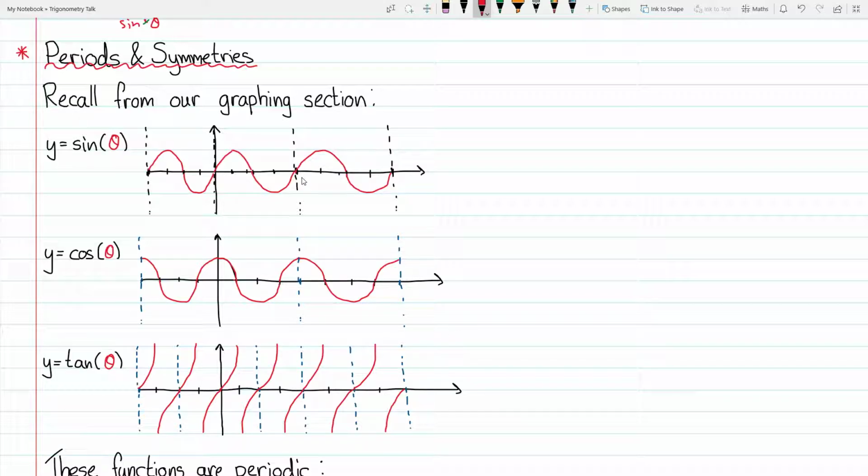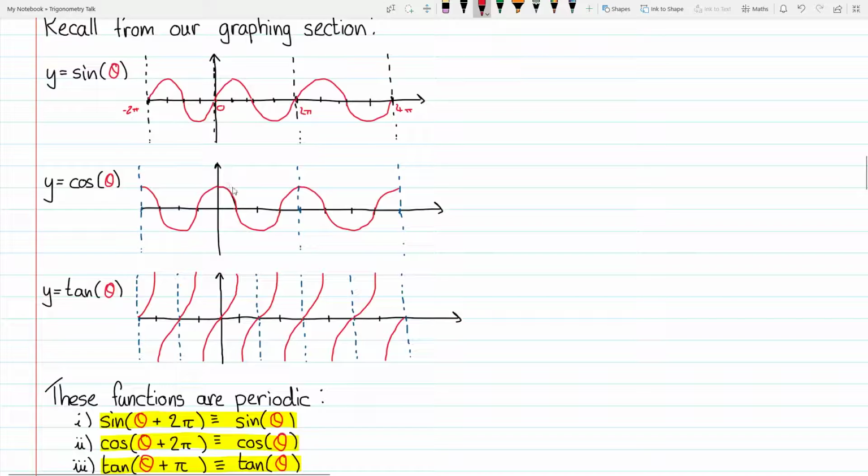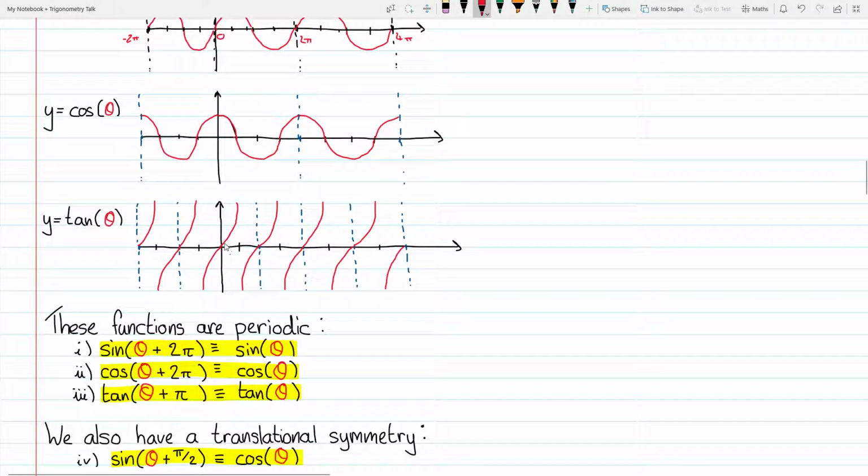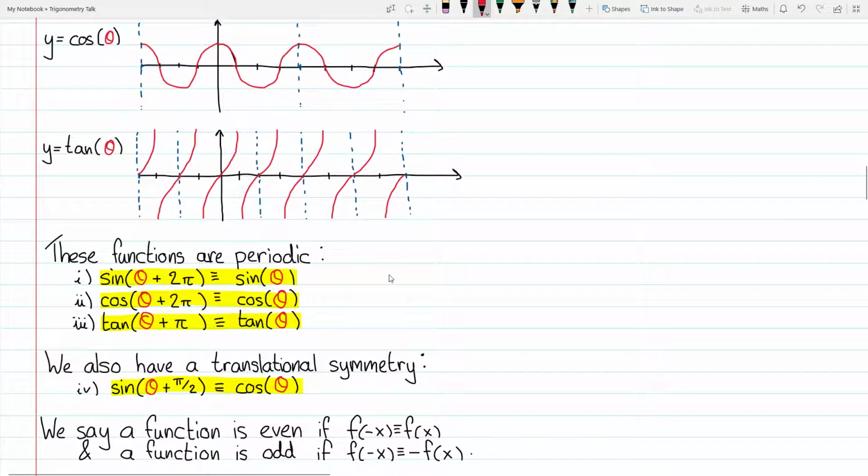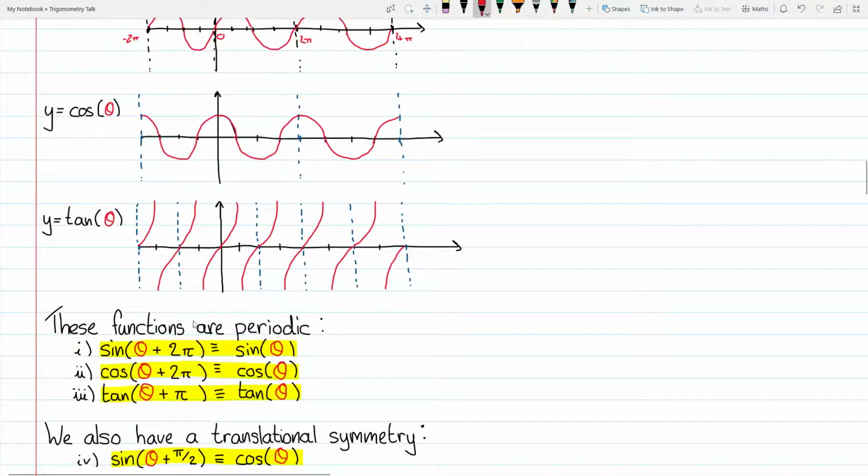This repeats every 2 pi, so remember that this point here is 2 pi, this point here is 0, this point here is 4 pi, and this point over here is minus 2 pi. So every 2 pi units you go along, this pattern repeats. Similarly here it repeats, and here it repeats every 1 pi. And so we can describe this as an identity.